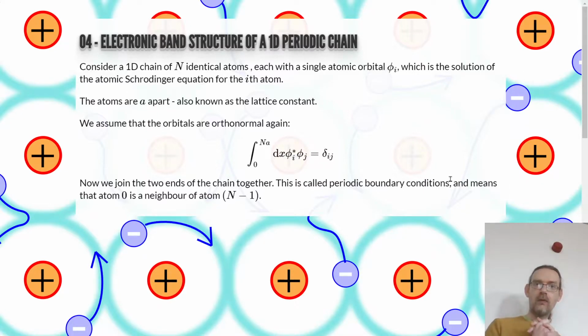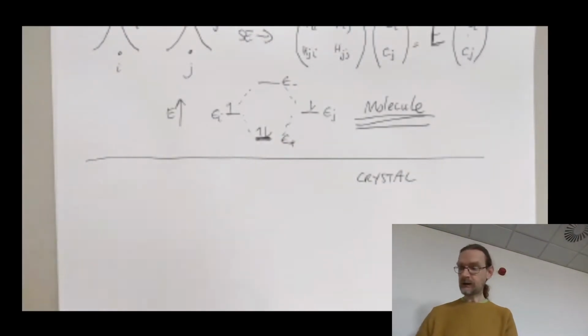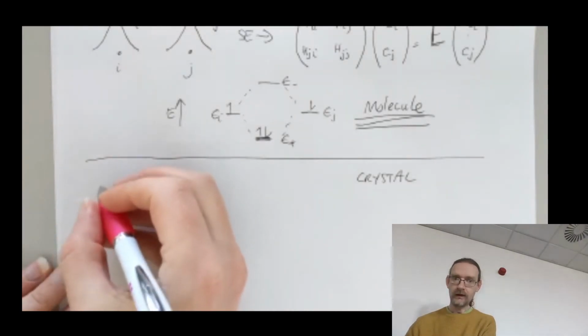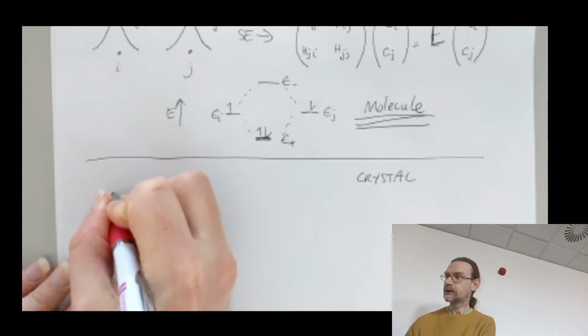But what we're going to do is, instead of having atom I and atom J, we're going to have a big long chain of atoms. So instead of atom I and J, we're going to label them with different indices.